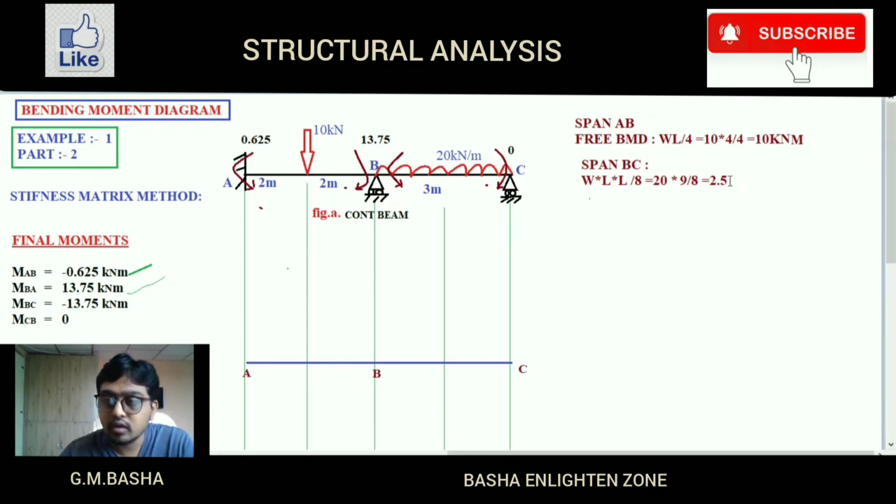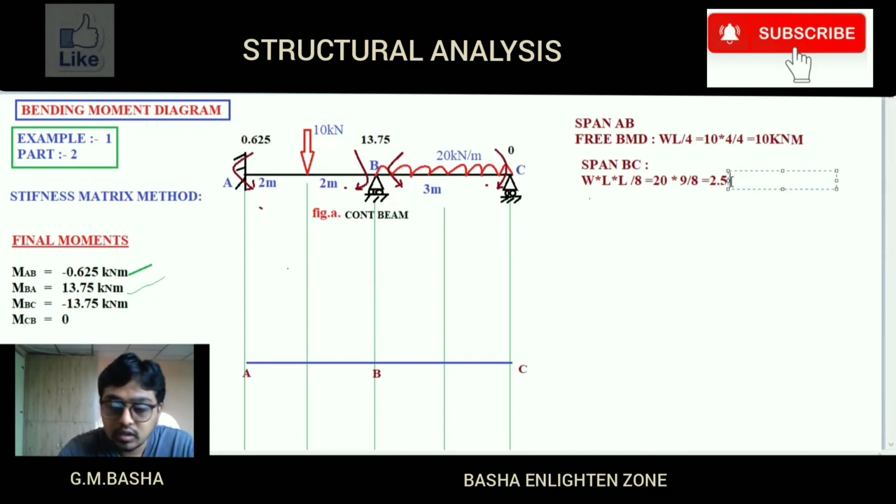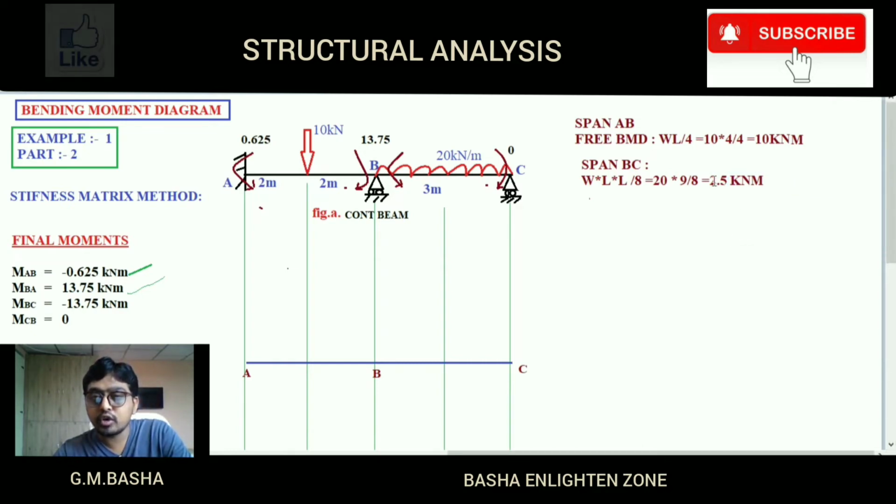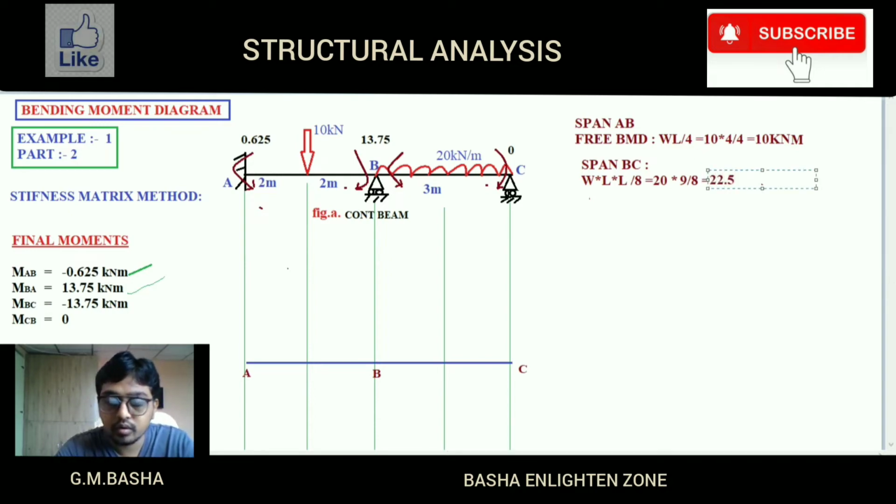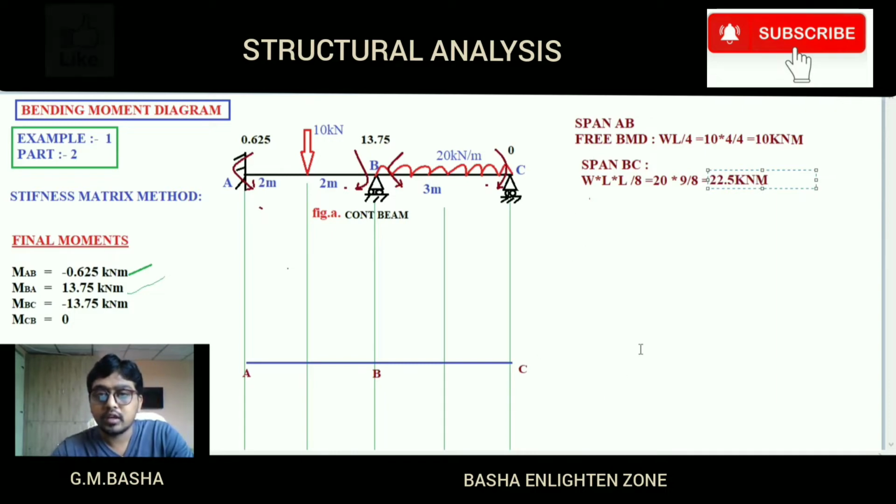So we are calculating all the BMD values. See here, this one will be 22.5 kNm. Based on these points, I am drawing the triangle and parabola.